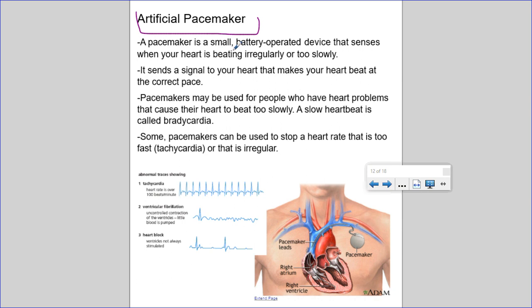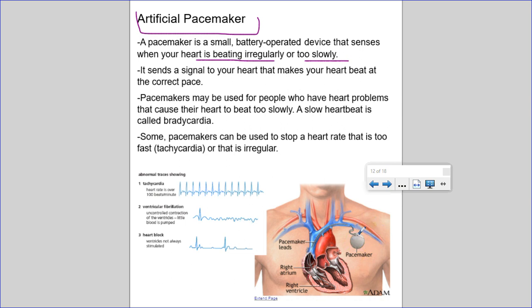A pacemaker is a small battery-operated device that senses when your heart is beating irregularly or too slowly. At least the battery component is implanted just below the chest.